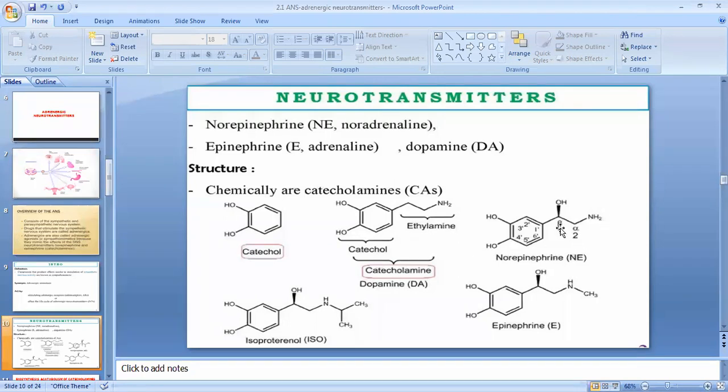The second neurotransmitter is norepinephrine and the third is epinephrine. These are the neurotransmitters which convey the impulse from the first nerve ending to the second nerve.